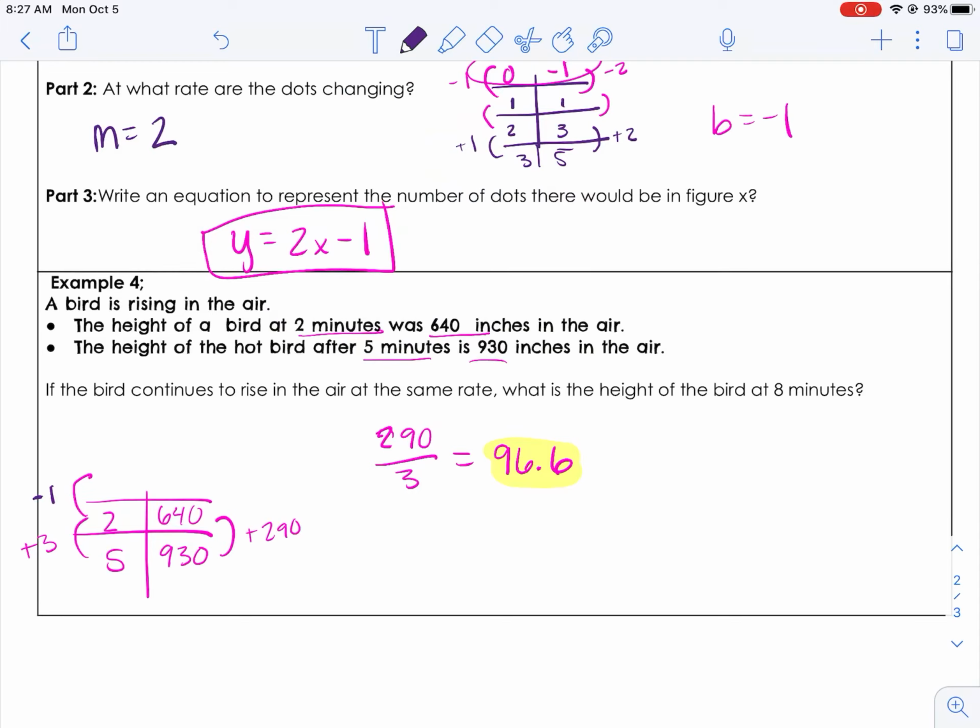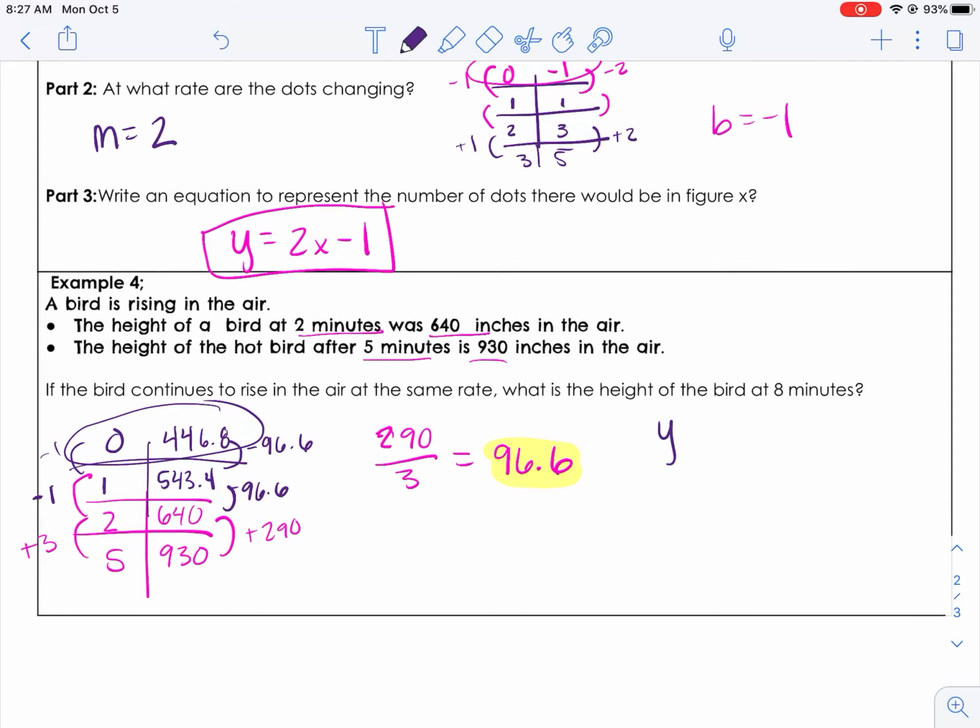So I'll subtract 1, and then I'll subtract 96.6, so that brings us to 1, and 640 minus 96.6 is 543.4. Then we'll go one more time to 0, we'll subtract 1, and we'll subtract 96.6, which gives us 446.8. So that's going to be our y-intercept.